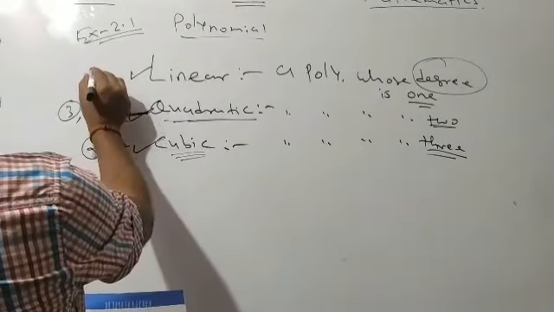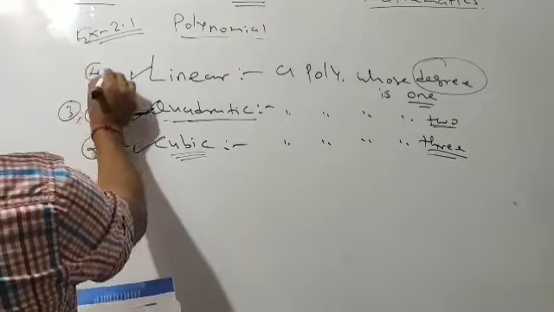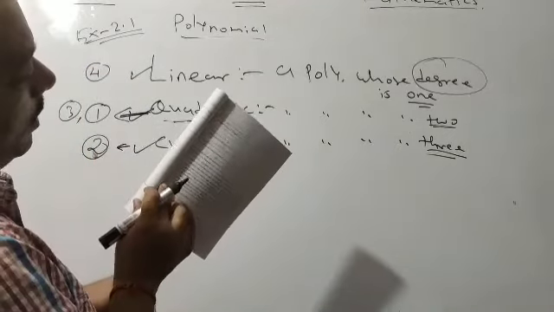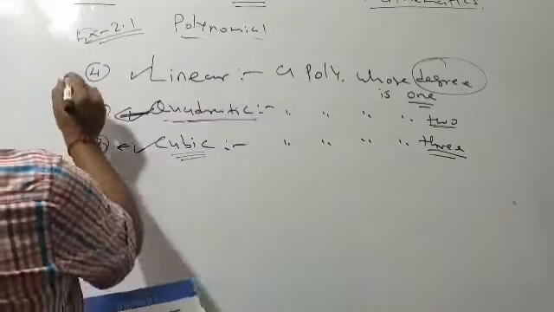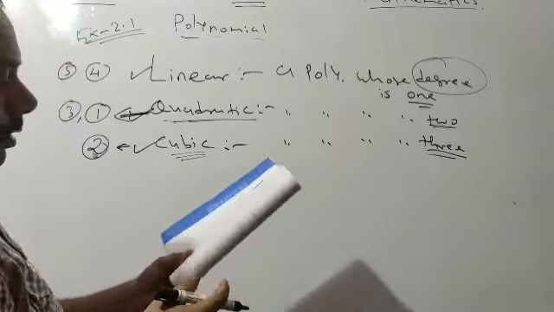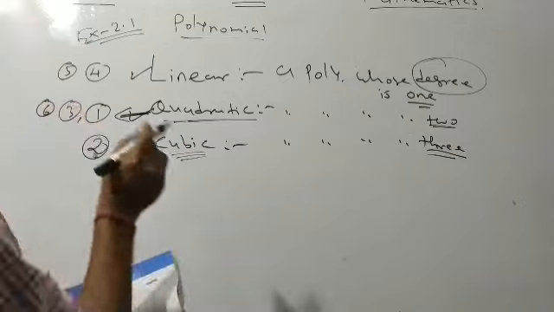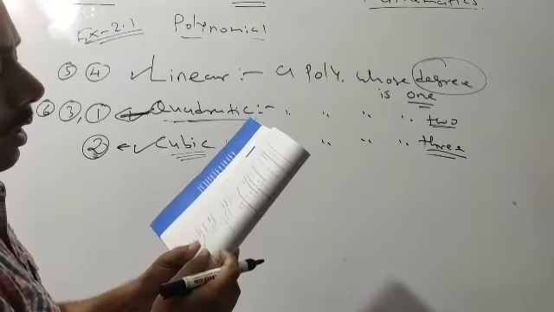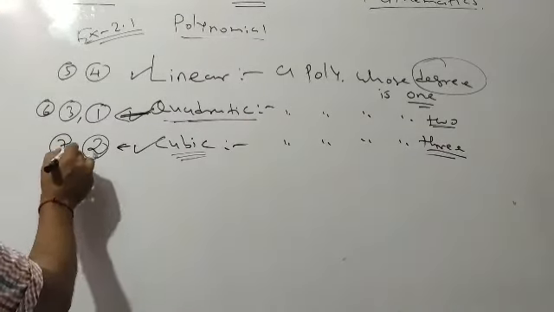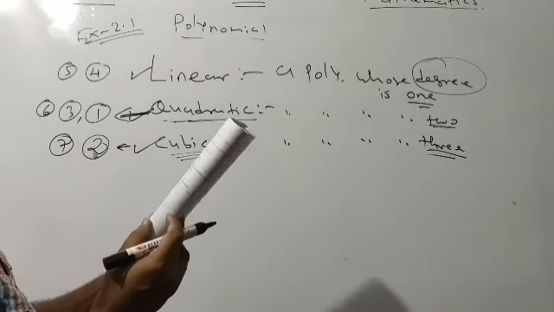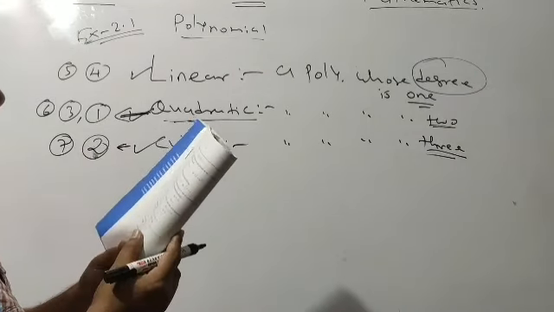The fourth one, 1 plus x, is linear because power 1 is there. The fifth one is also linear. The sixth one is quadratic as it has r square, and the last, 7th one, is cubic as it is 7x cube.